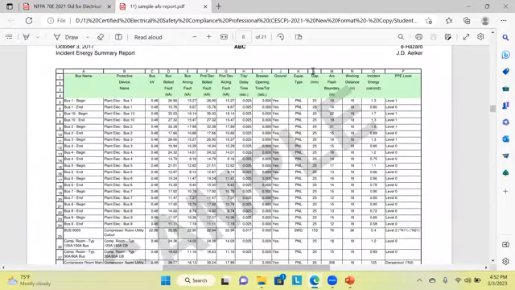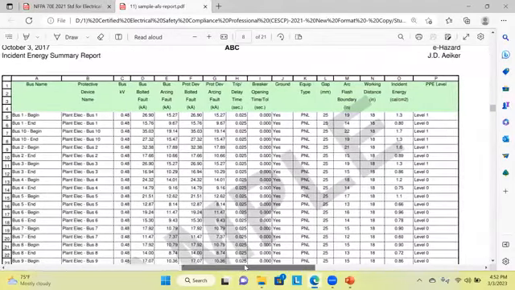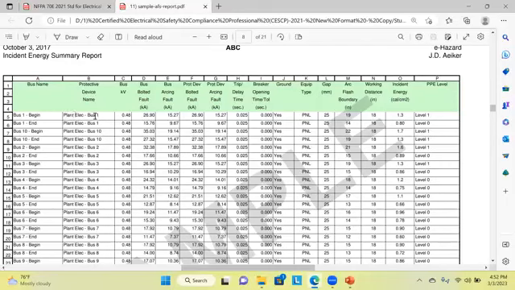Okay, let me share this sample arc flash report with you. At a particular plant bus operating at 480 volts, the bolted fault current is 26.9 kiloamperes. For the bus arcing fault and the protection device, the trip delay time setting is 0.025.